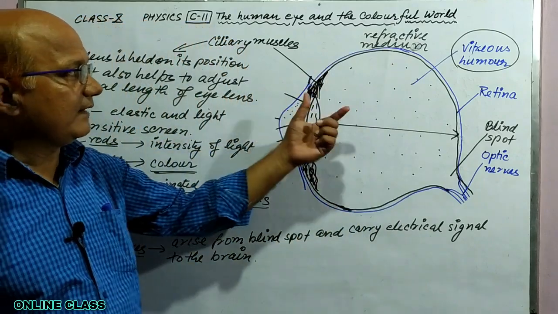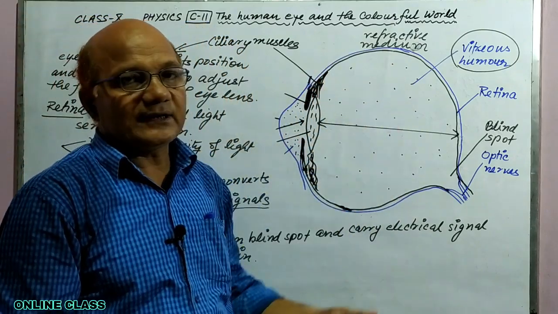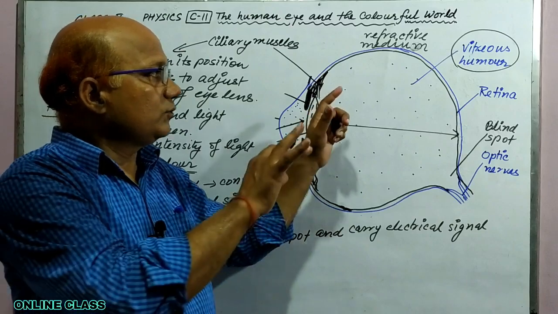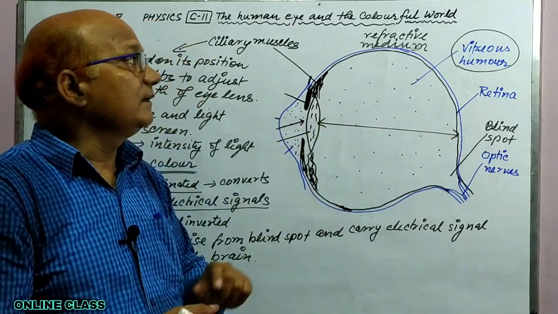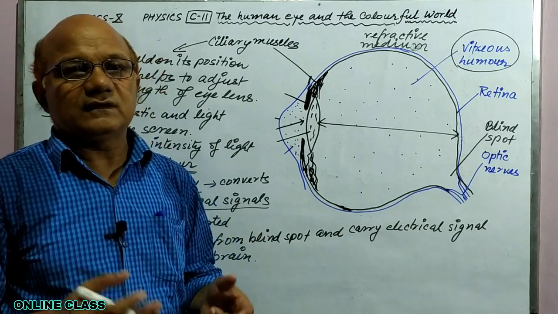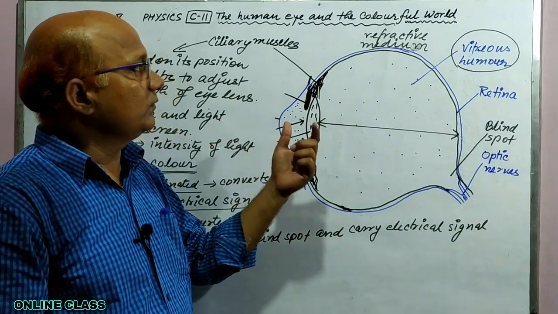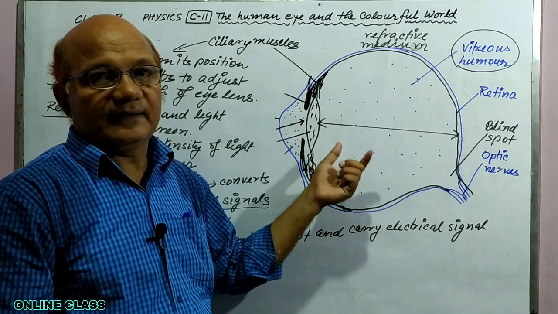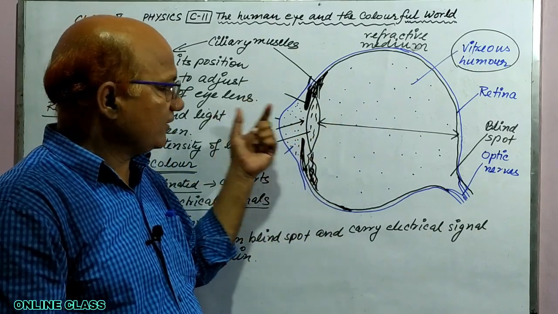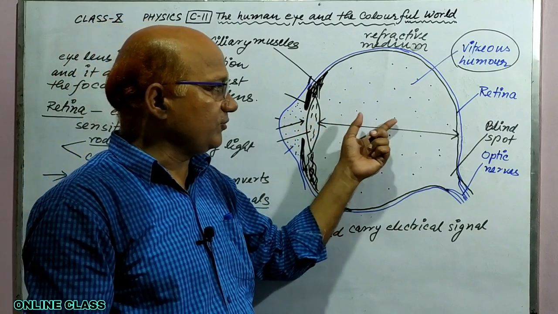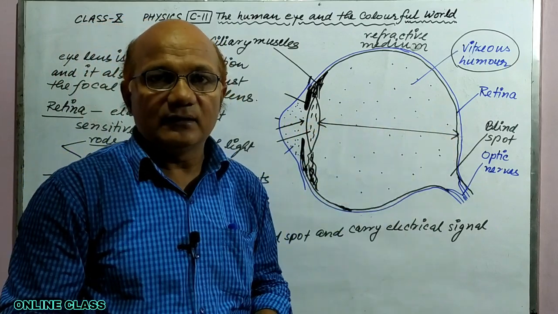So, the main function of vitreous humor is to maintain the distance between retina and eye lens, and because this is a transparent liquid, it also acts as refractive medium. That is why light can travel through this medium and fall on the retina.